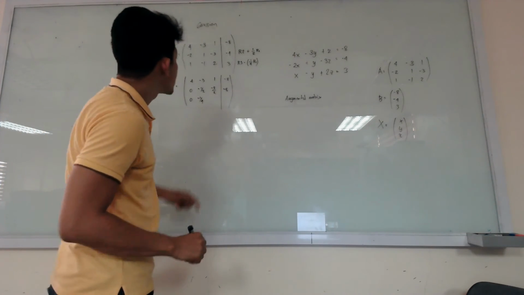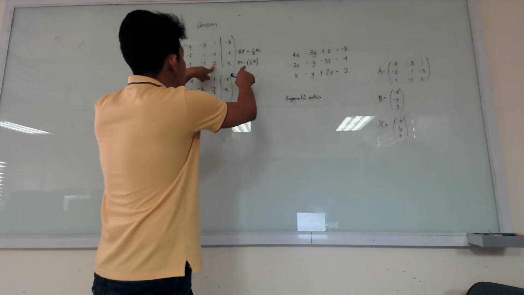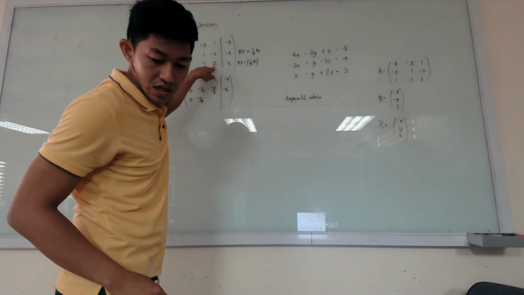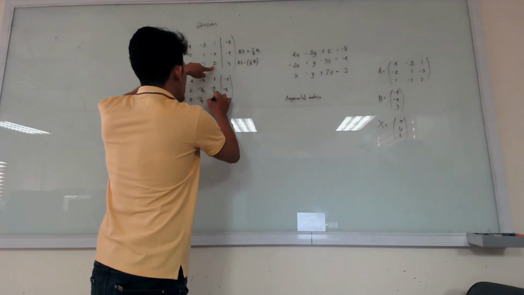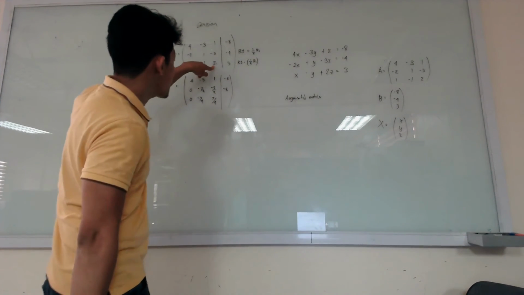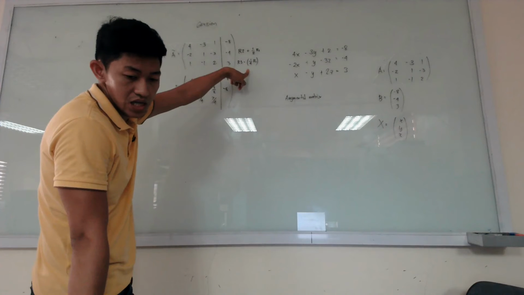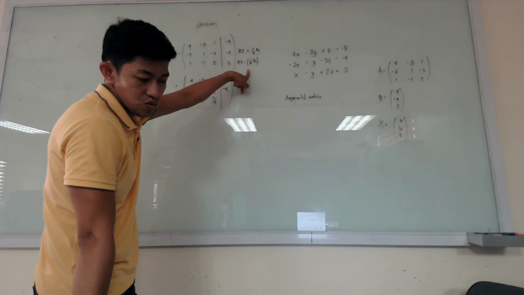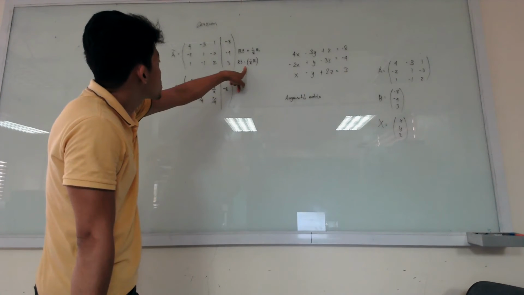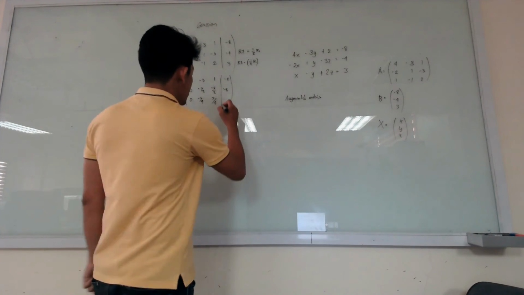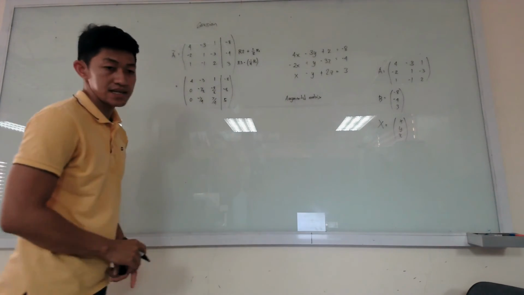And then 2 minus 1/4 is 7/4. Tama ba? 2 minus 1/4. 2 is 8/4. 7/4. Okay? And then 3 plus 2 equals 5. So this becomes 5.